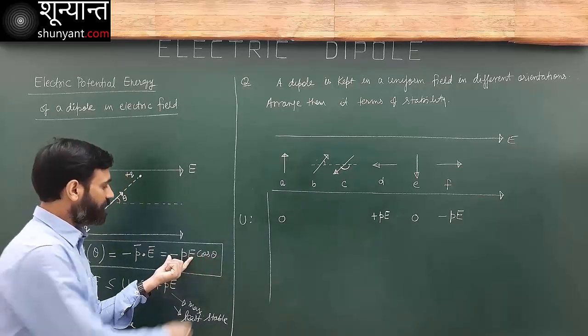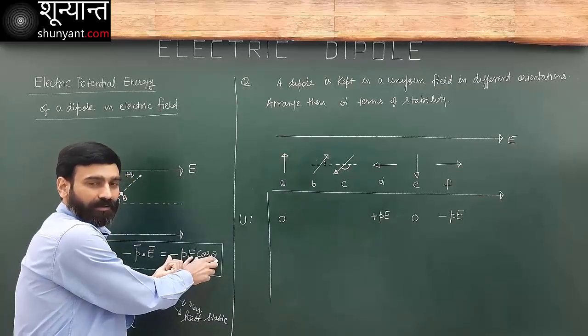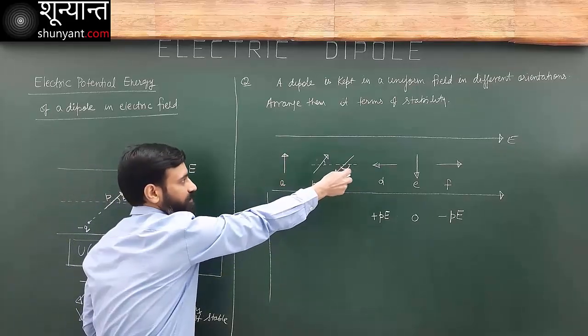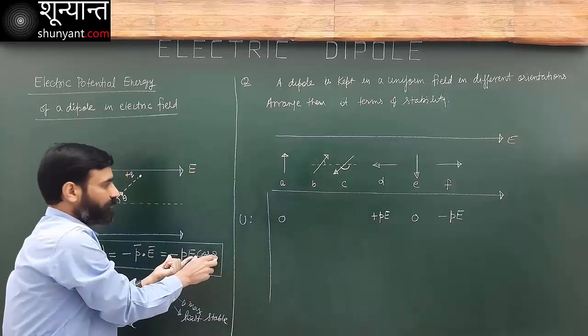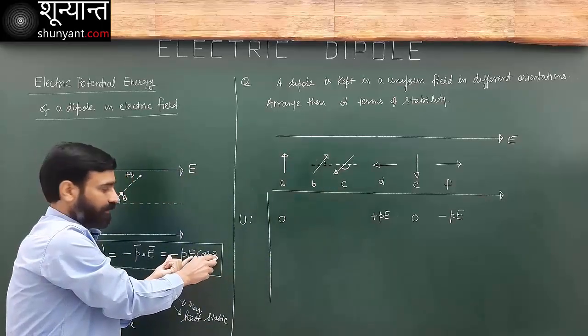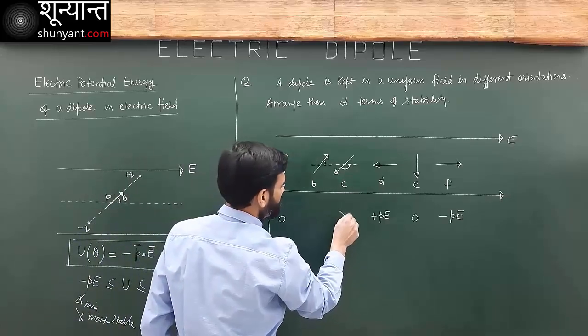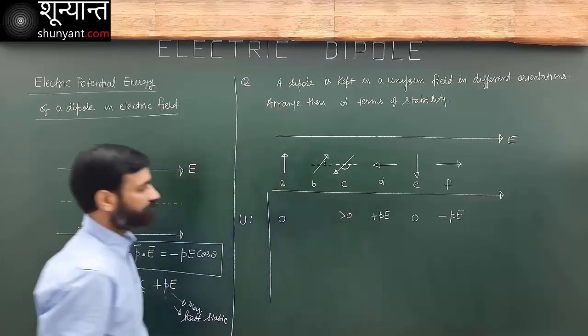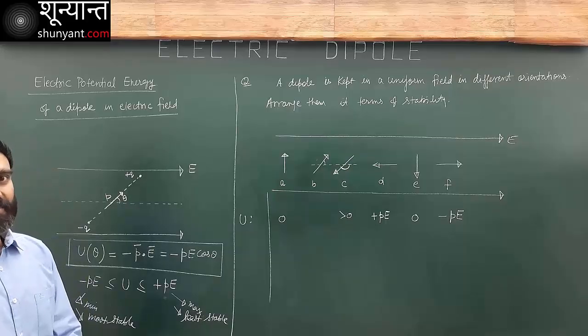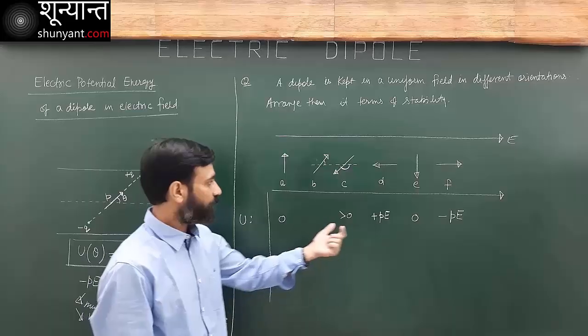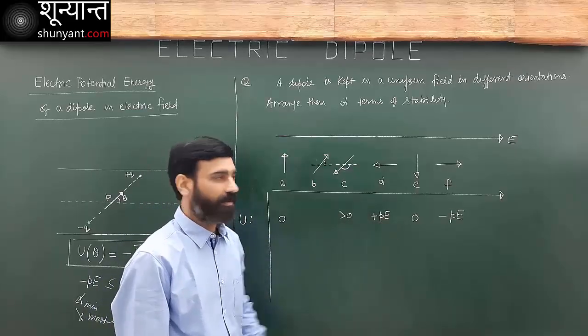So minus PE times a negative becomes positive. We are discussing position C. So it is more than 0, positive. Of course it cannot be more than this because this is the maximum.